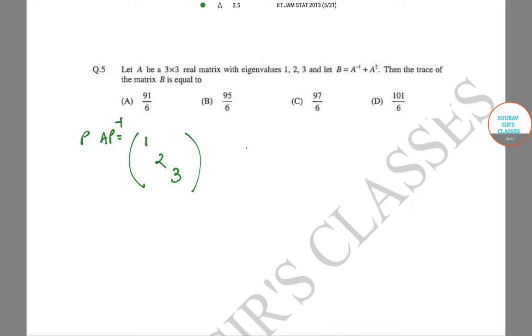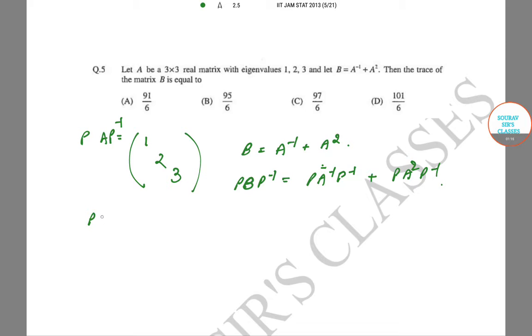Now B is equal to A inverse plus A square. Now PBP inverse is equal to PA inverse P inverse plus PA square P inverse.